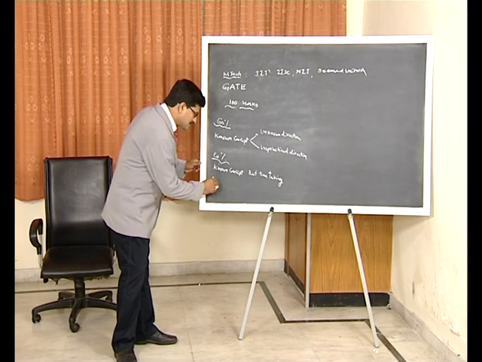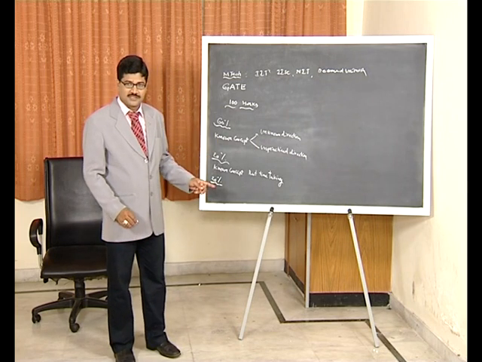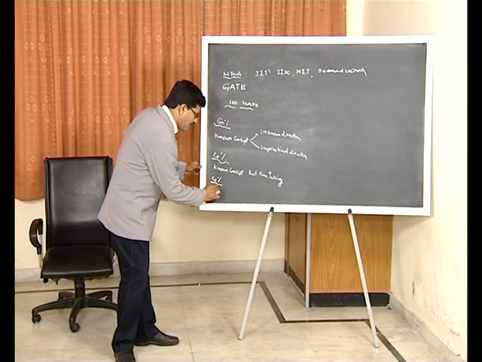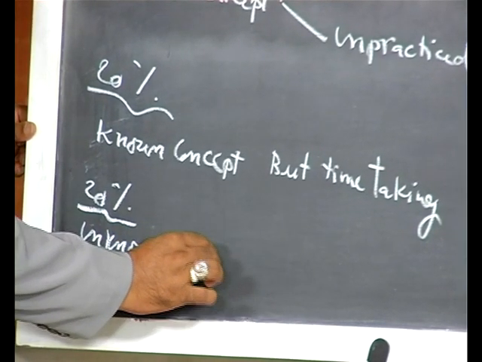Then the remaining 20% of the questions. So these are rough analysis. In the remaining 20% of the questions, there is an unknown concept which was not studied in the previous classes. These are from unknown concept for a normal student.